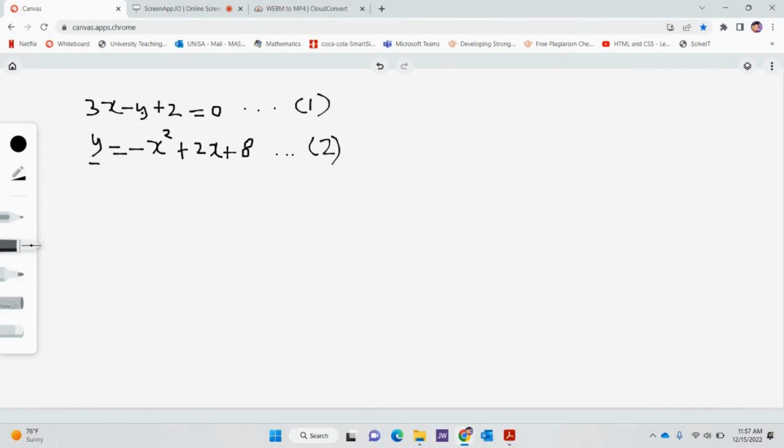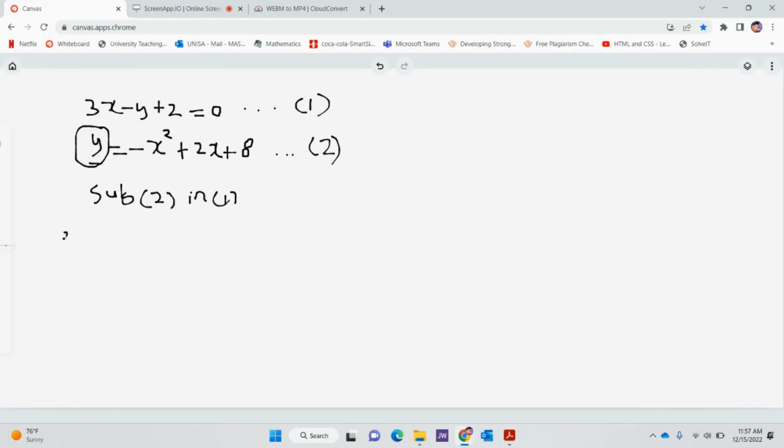But I think I'm going to go with the first option. Equation 2 already has y as a subject of the formula. So we're just going to substitute equation 2 into 1. All right. I think that makes life easy. I'm only doing that because y is already subject of the formula there.